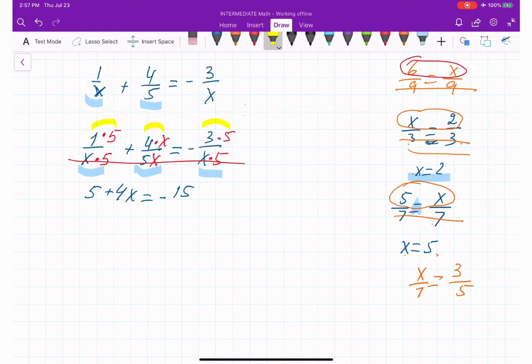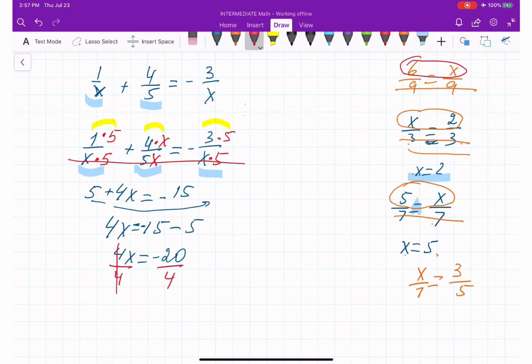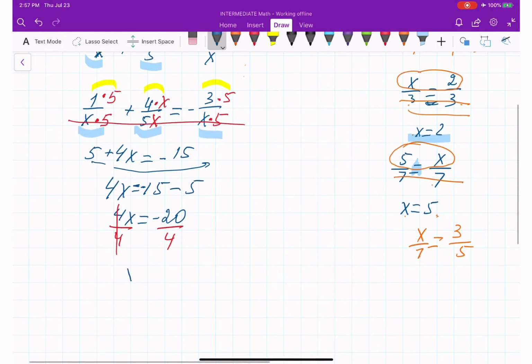From here we can solve this equation. 4x is equal to negative 15 minus 5, because once I move over the equal sign, I'm flipping the sign. So 4x is equal to negative 20. We divide by 4, and we get x is equal to negative 5.